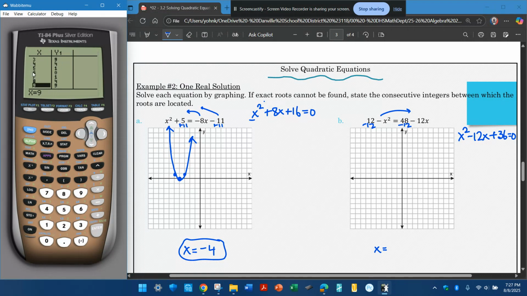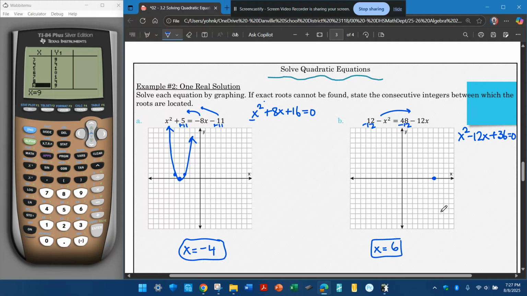Oh, there it is, 6, 0. 1, 2, 3, 4, 5, 6. So my solution is x equals 6. And if I want to graph it, I can use 5, 1, and 7, 1. Connect your dots. There you go.